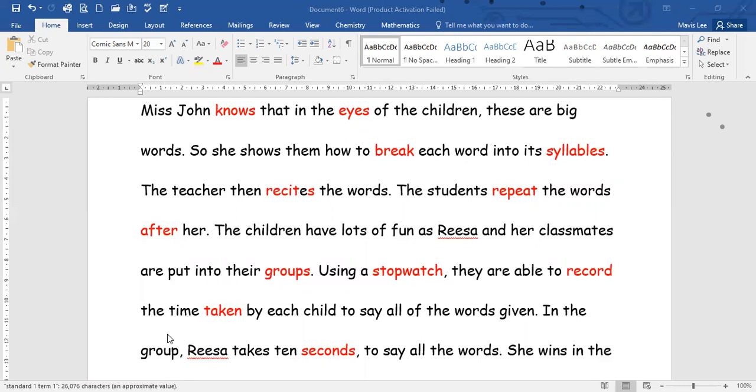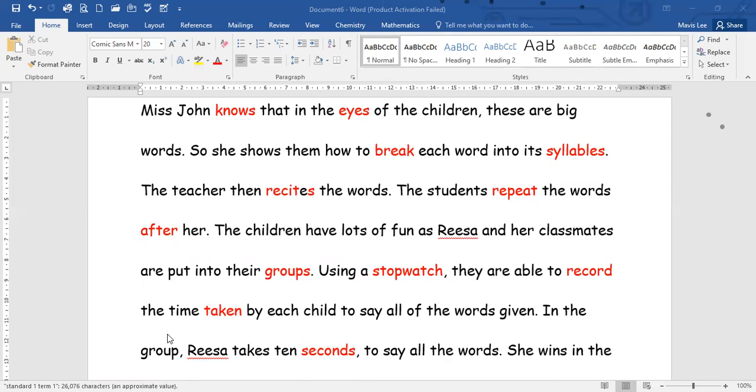Miss John knows that in the eyes of the children, these are big words. So she shows them how to break each word into its syllables. The teacher then recites the words. The students repeat the words after her.